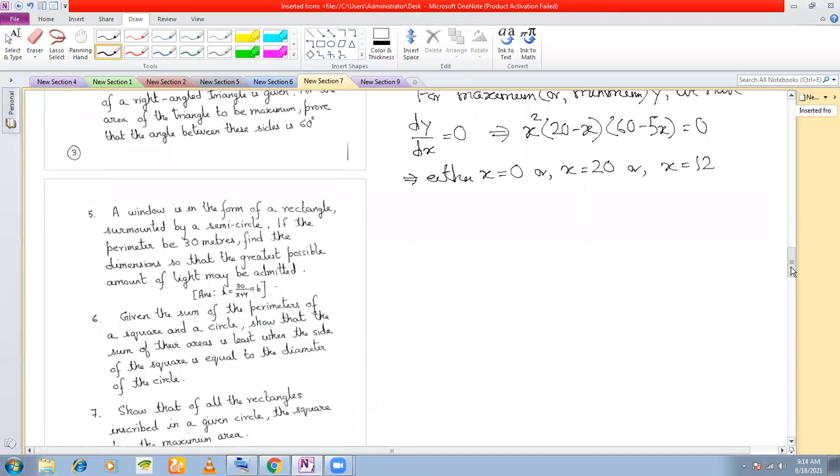Okay. Now, for what value we'll get the maximum product or the minimum product, we need to check with the sign. So first we find out d2y dx2 and then check the sign for each of the values of x. Okay. So how do you find d2y dx2?